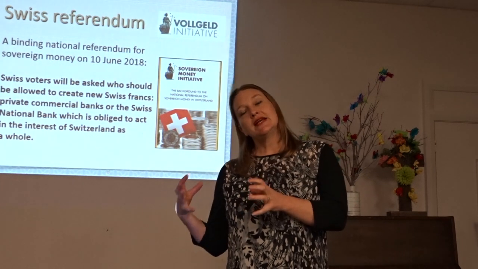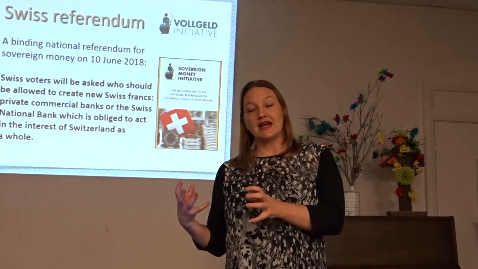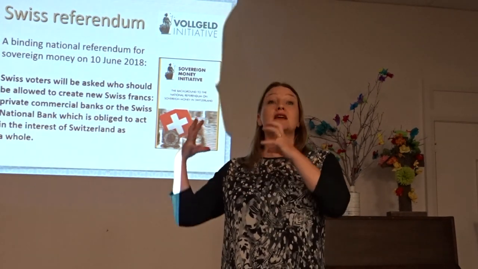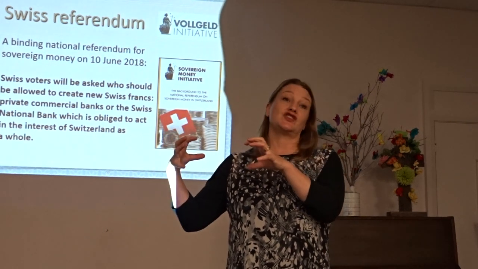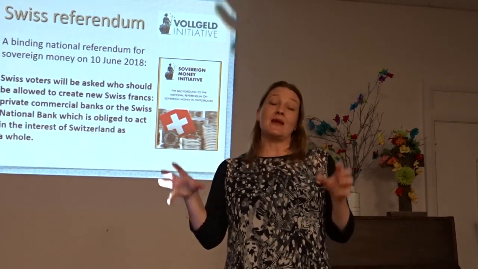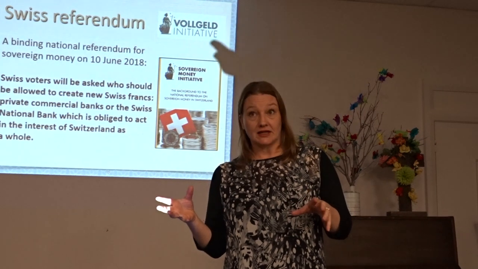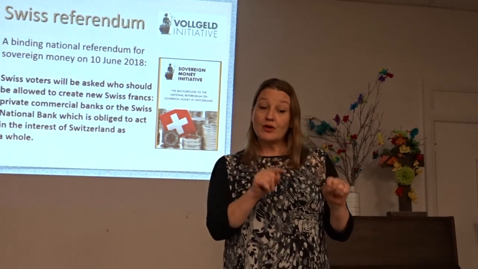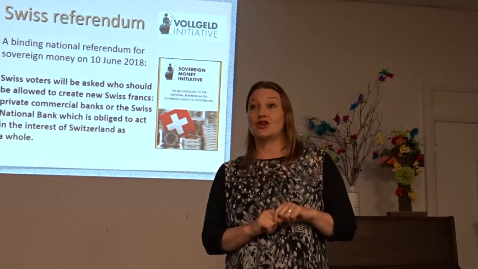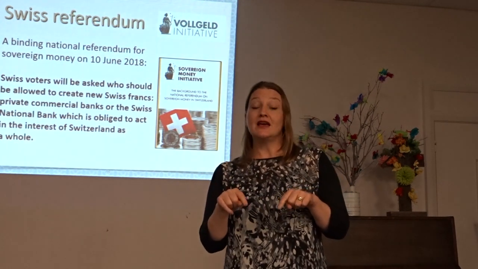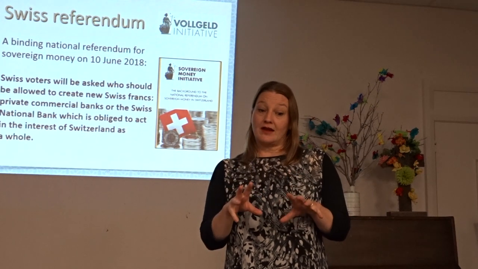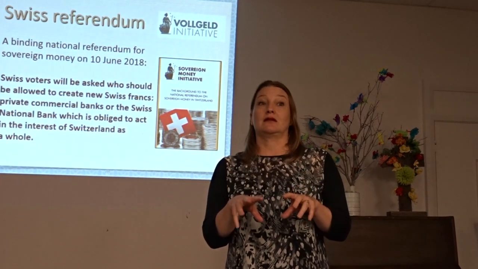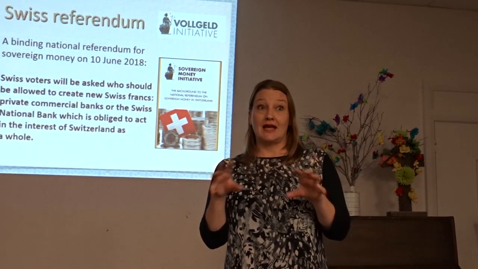The people take control of that, and in a way they're putting themselves over the top of the politicians in terms of power. So they managed to get their 100,000 signatures to say, actually, we do want to have this referendum, and that will go to the vote this year on the 10th of June. This is actually really big, because if that goes through, it's binding, and the Swiss government has to go through with that.